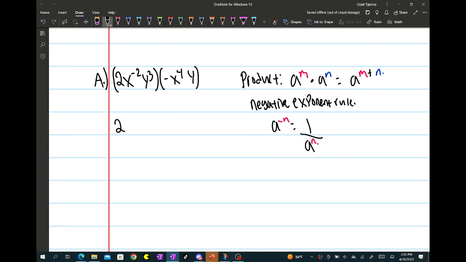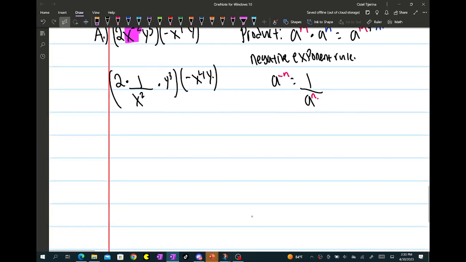This is going to be 2, and I know that this one here is really going to be times 1 over x squared, because again it's negative, times y cubed, and then all this times negative x to the 4th y. So then we're going to multiply this here.